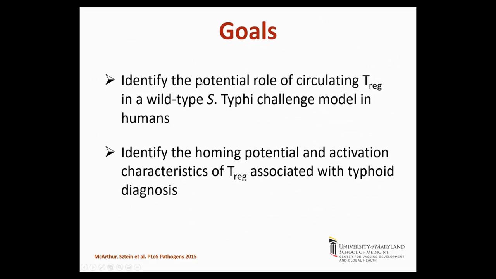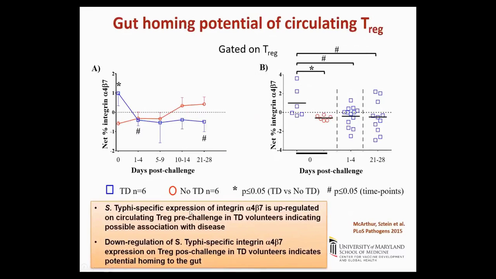So the goals are those that I just mentioned, which are to identify the potential role of circulating regulatory T cells in a wild-type Typhi challenge model in humans, and second, to identify the homing, protection and activation characteristics of the regulatory cells that are associated with typhoid diagnosis.